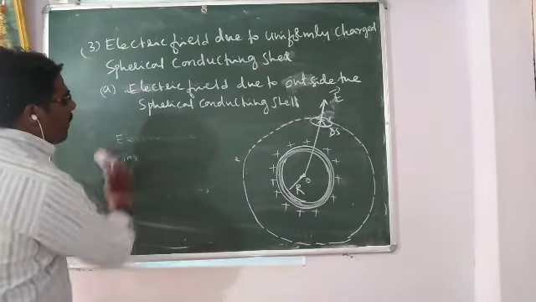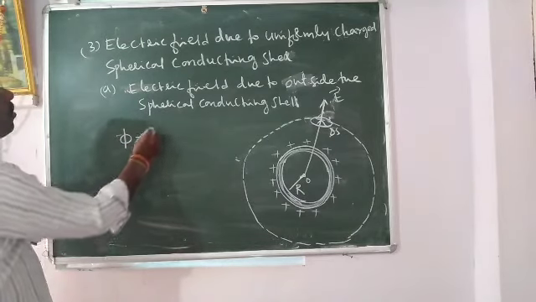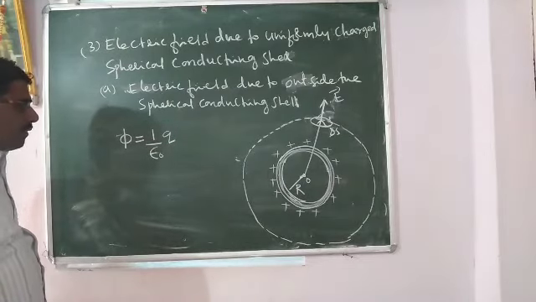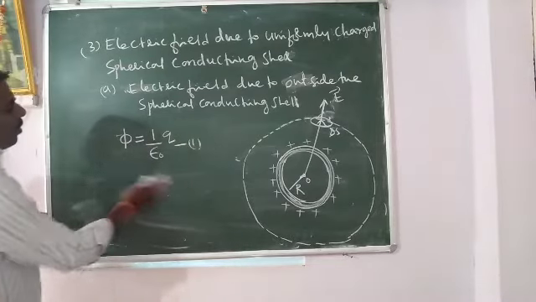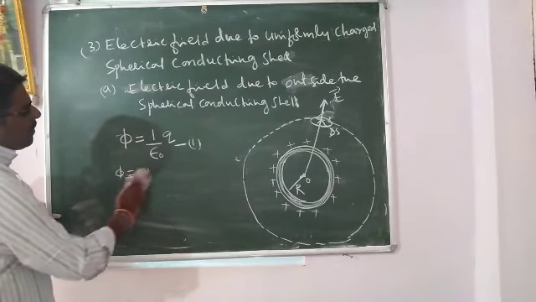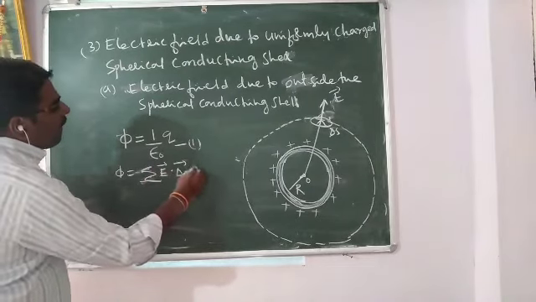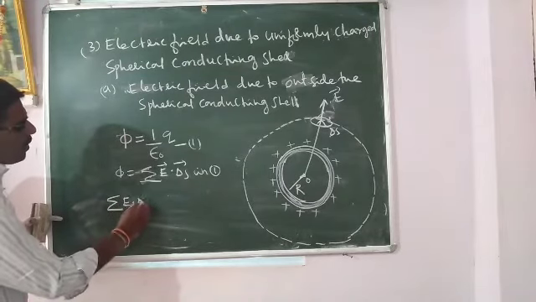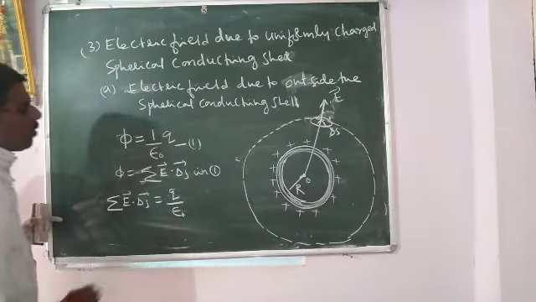According to Gauss law, the flux through a closed surface is equal to 1 by epsilon naught times the total charge enclosed by the surface. Substitute the flux value in 1: summation of E dot delta S is equal to Q by epsilon naught.